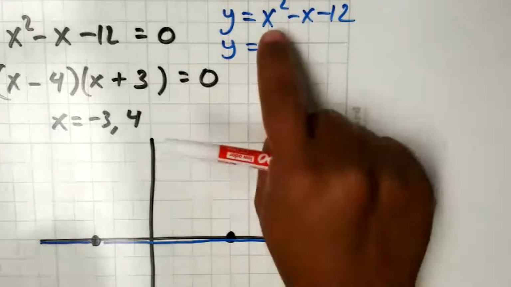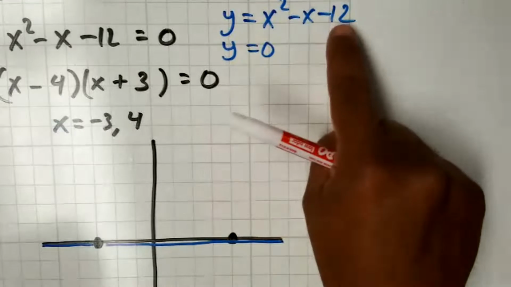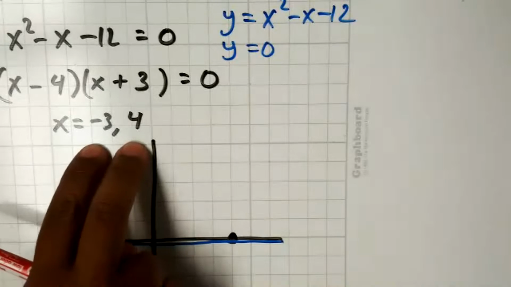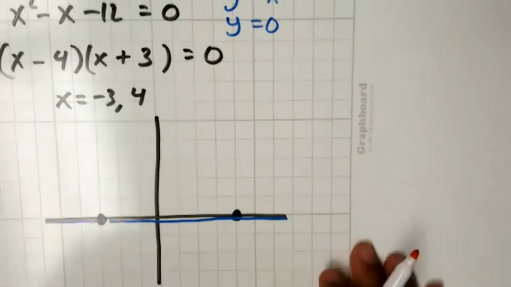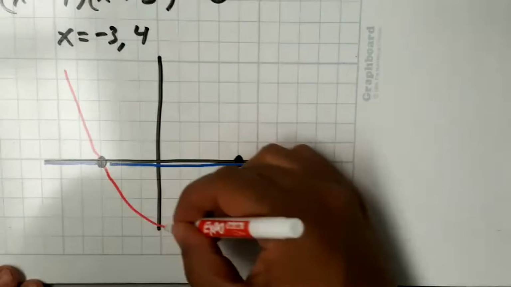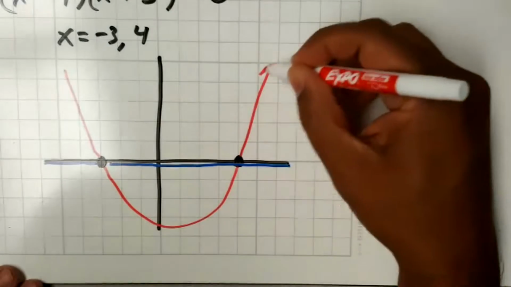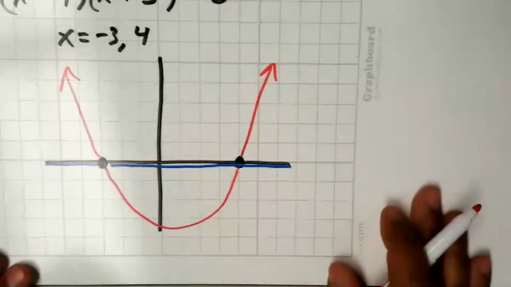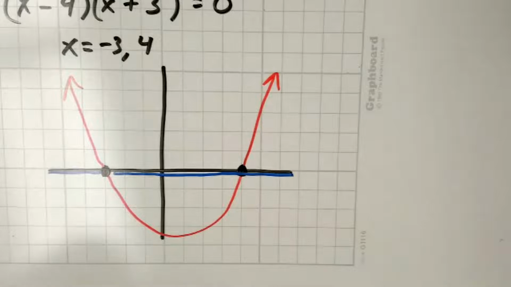And this other function is a positive quadratic whose x-intercepts are -3 and 4. So we know it's going to open up like this. And so with that, I would say we can now solve this problem.